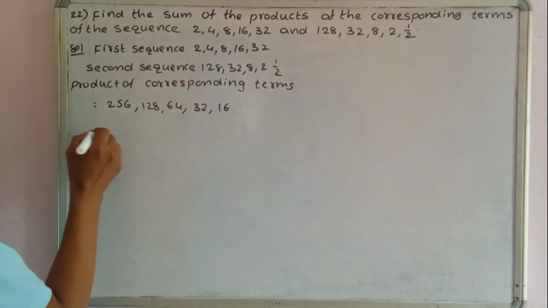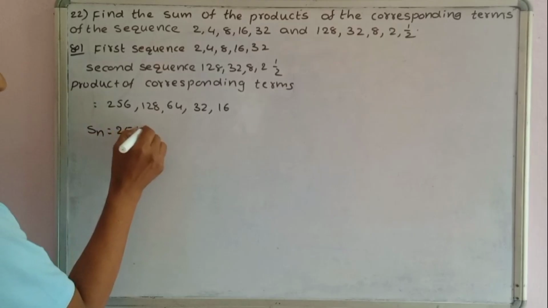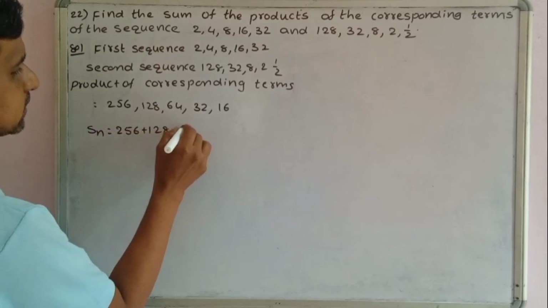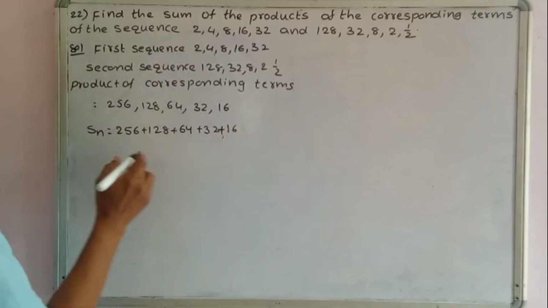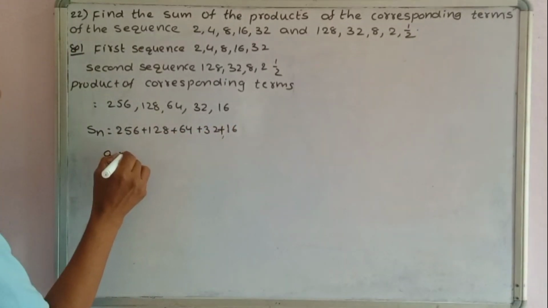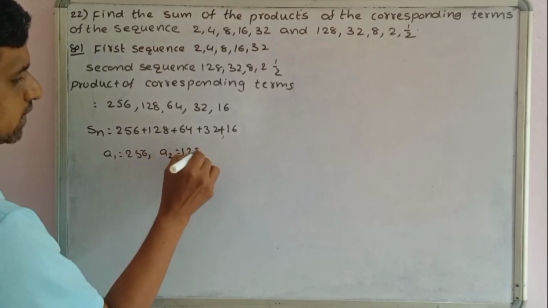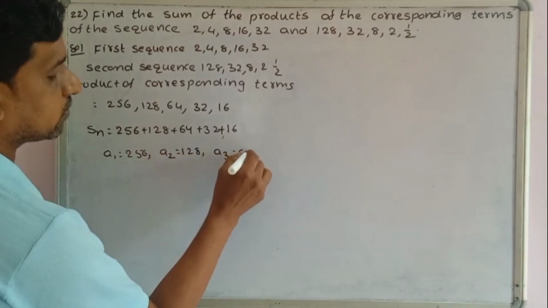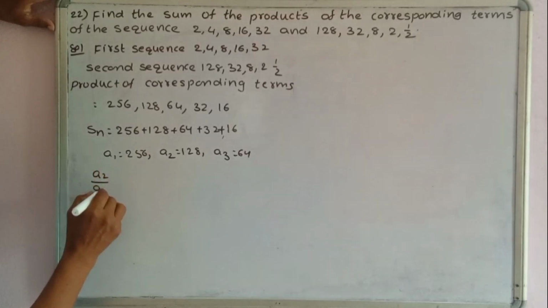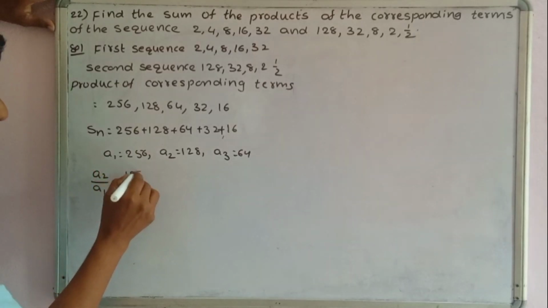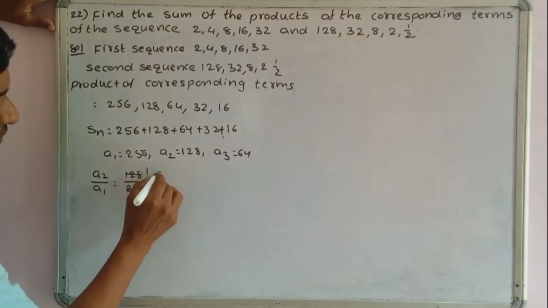Okay. See, first, sum means Sn. Sn equals 256 plus 128 plus 64 plus 32 plus 16. Okay. So here A1 equals how much? 256. A2 equals 128. A3 equals 64. Find A2 by A1. What is the value of A2? 128 divided by 256, that is 1 by 2.